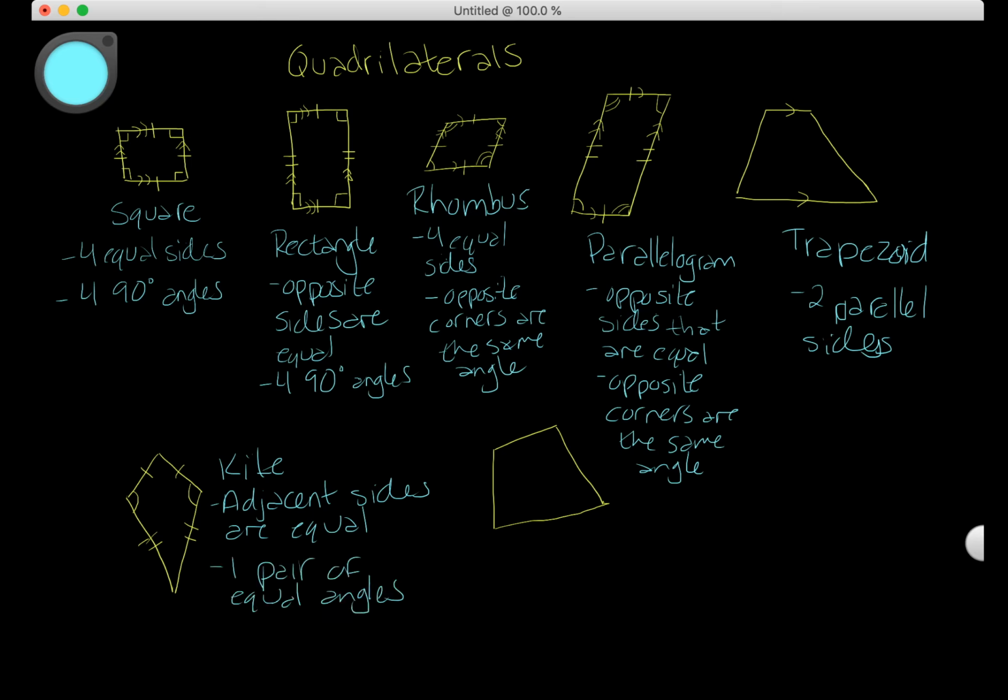Last one here is just a quadrilateral, and it has 4 sides. We don't have any parallel lines here and we don't have any equal angles, but it does have 4 sides, which means it classifies as a quadrilateral.